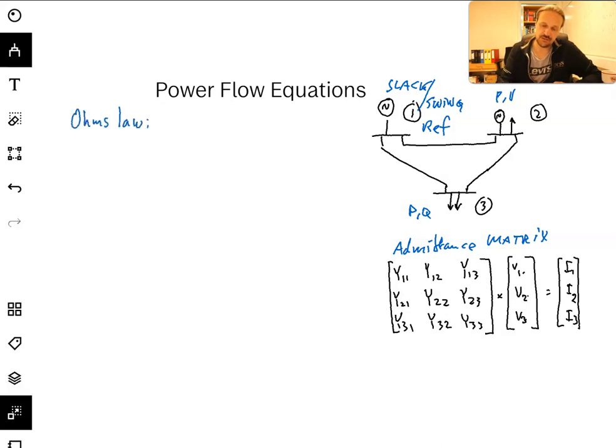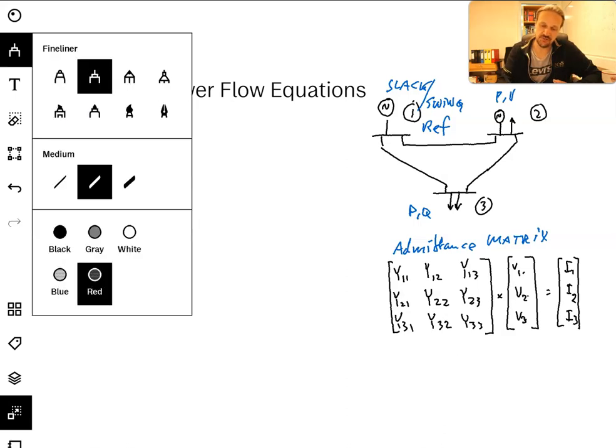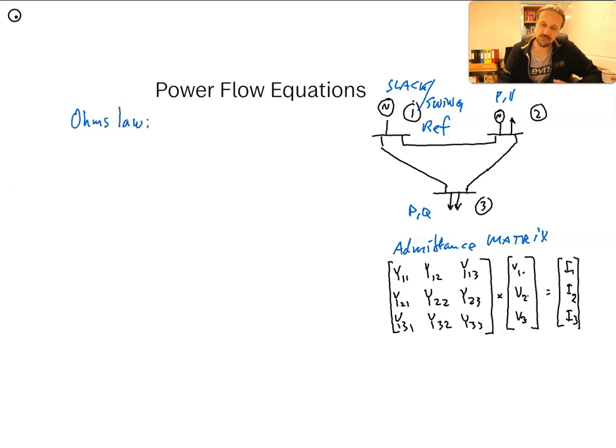We're just going to state that one, so just starting from the basic Ohm's law. That's V is equal to resistance times current, so that's how we find the voltage. And then we know that this voltage is a complex number, so it means that it has some magnitude and then it has some angle.